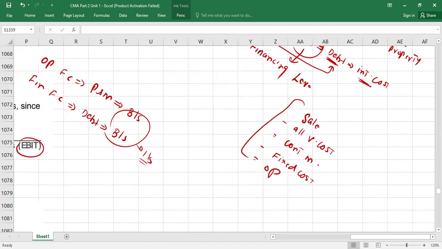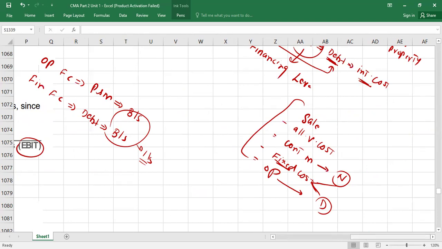This is our numerator and this is our denominator, right? The difference between numerator and denominator is the fixed cost, right? So ultimately, the answer of the formula will explain the fixed cost.